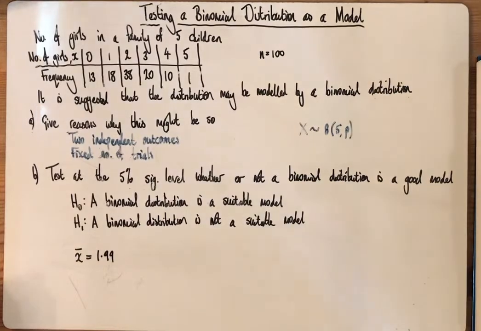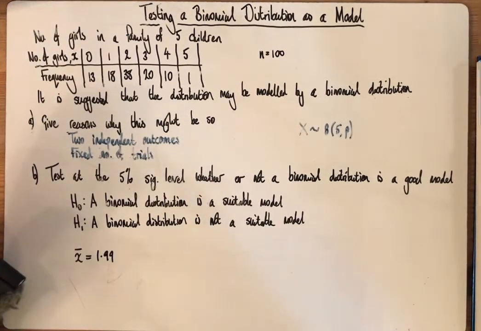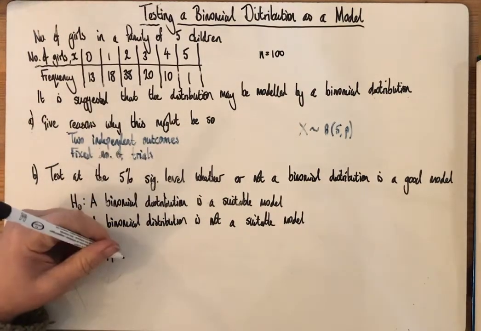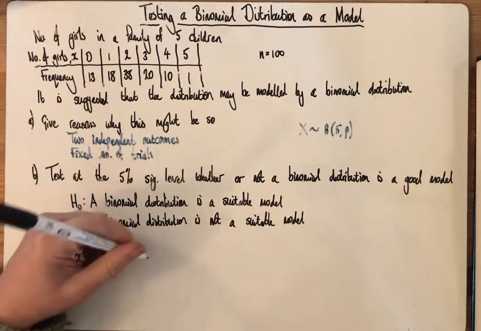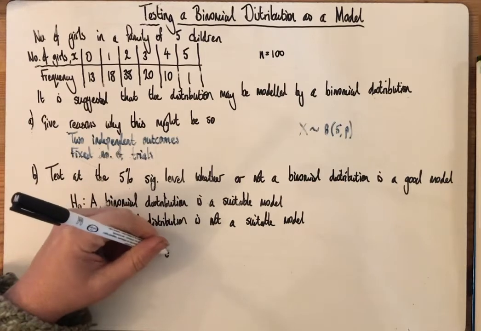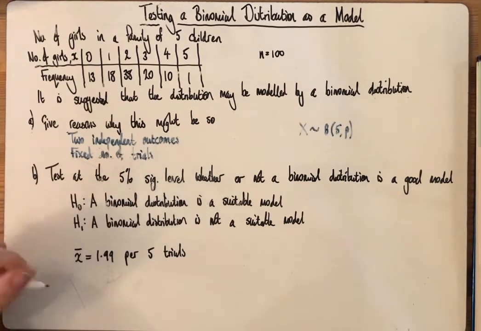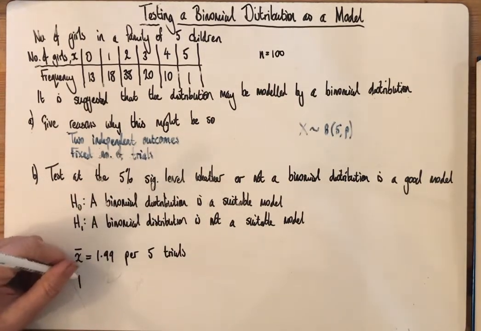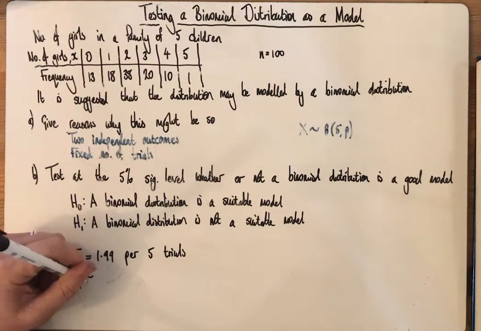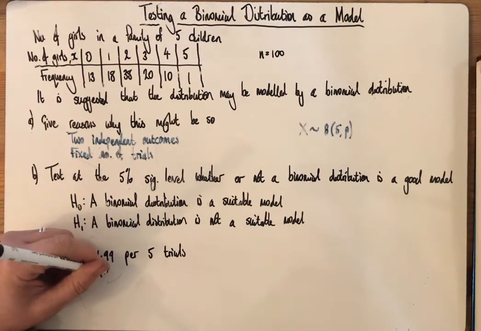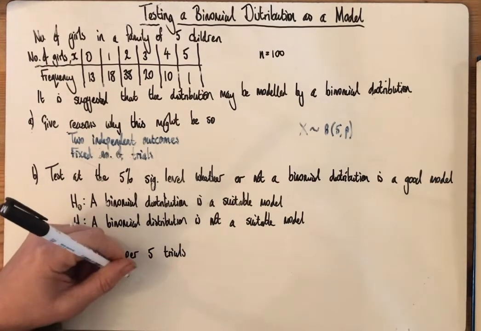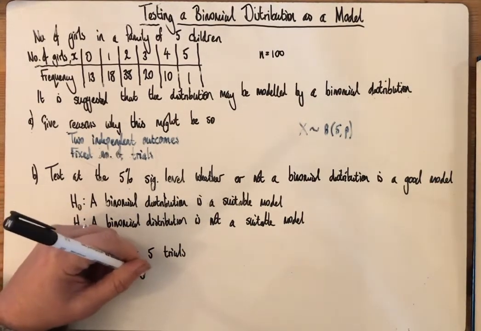So the average number of girls per 5 trials is 1.99. And that makes p approximately 1.99 over 5, which is 0.398.